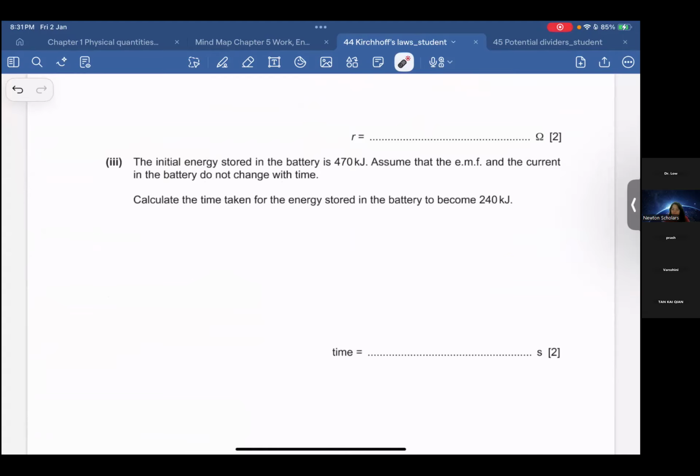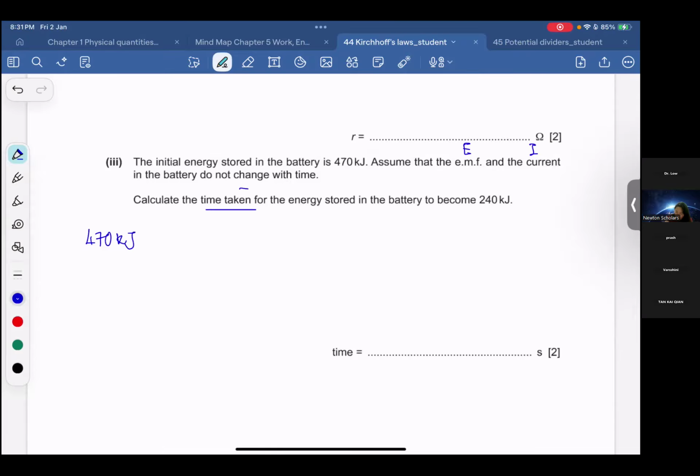This is the part that last week, I think we also did a similar question. Here: the initial energy stored in the battery is 470 kilojoule. Assume that the EMF and the current in the battery do not change with time. So E does not change, I does not change, okay? Calculate the time taken.